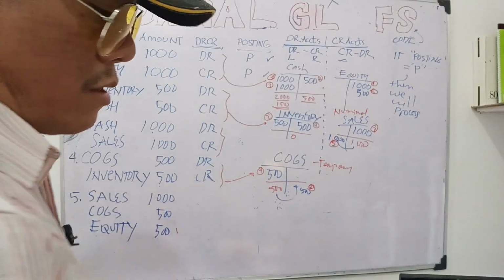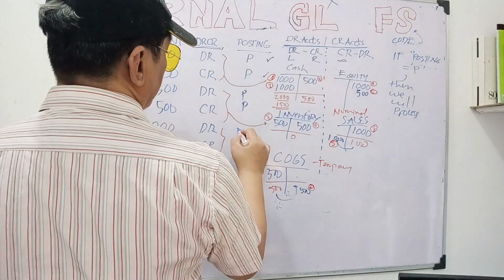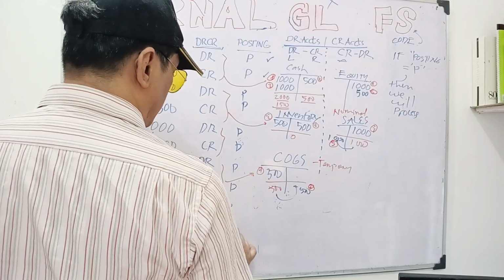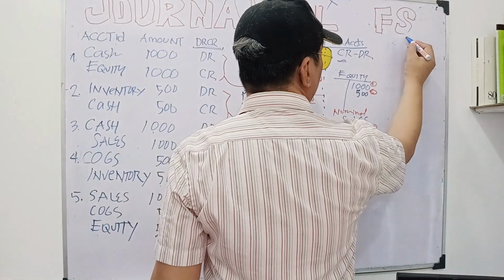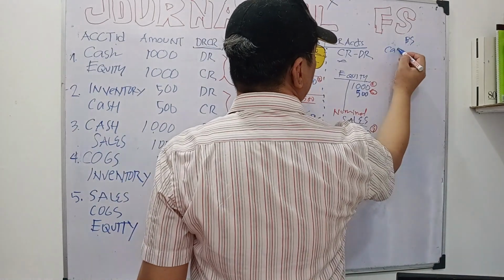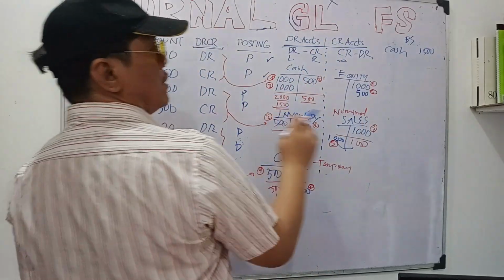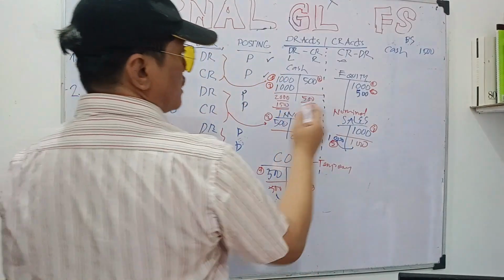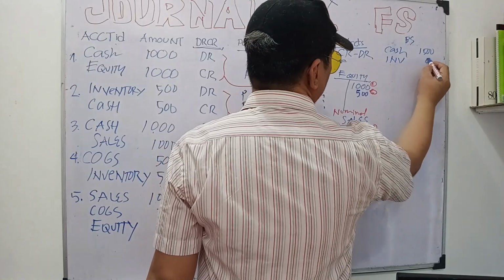So now, supposing all of these are posted and ready for balance sheet purposes, the balance sheet would be simple. We have cash here, 1,500, right? And then inventory, you do not need to put that because it's zero, but let's just put it here, zero.